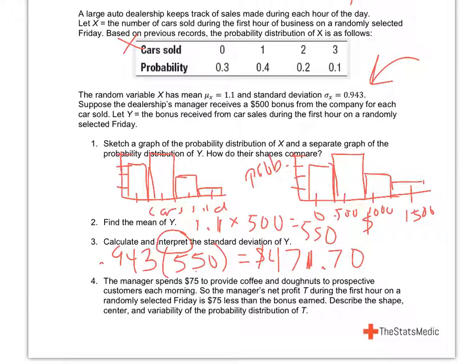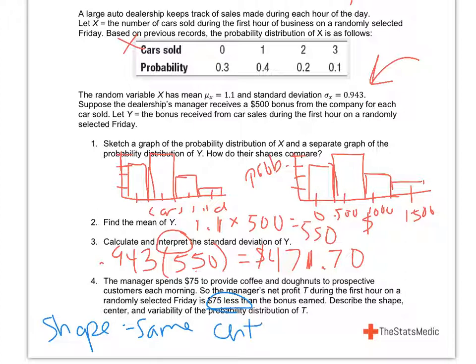Okay, so in this case now, what are we doing? Well, in this case, we are subtracting by a constant, right, because it is $75 less. So my shape, regardless of what I do, my shape stays the same.